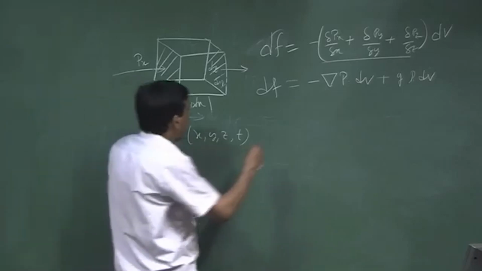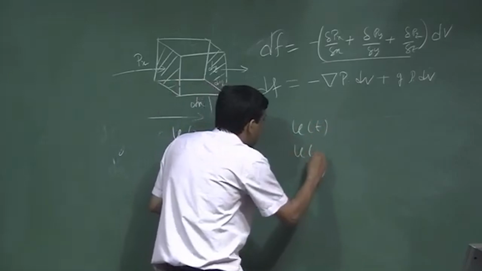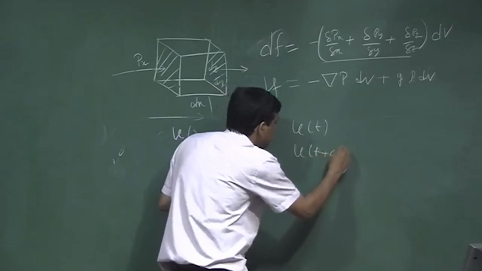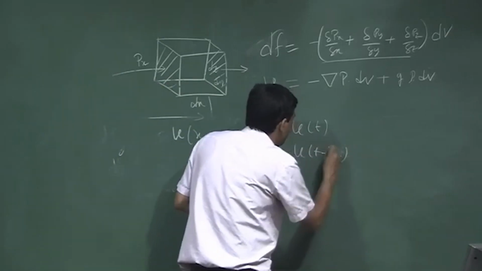Now, if I consider this is u at time t, and at another time I take t plus dt, we always write dt.